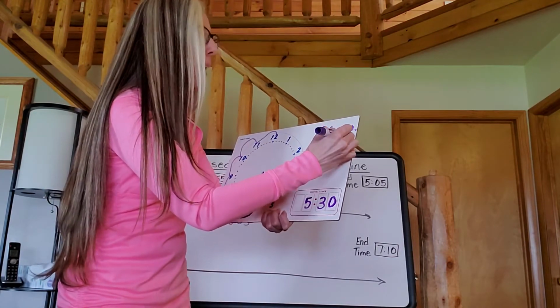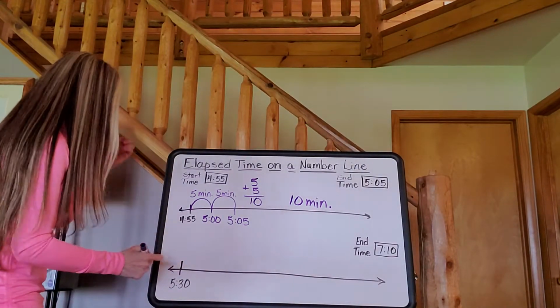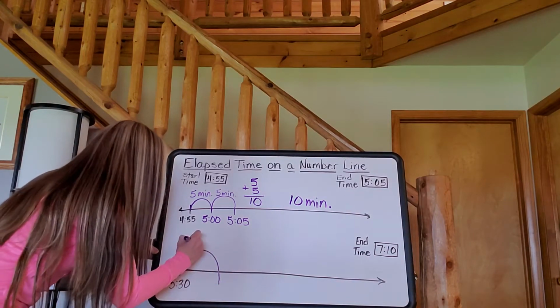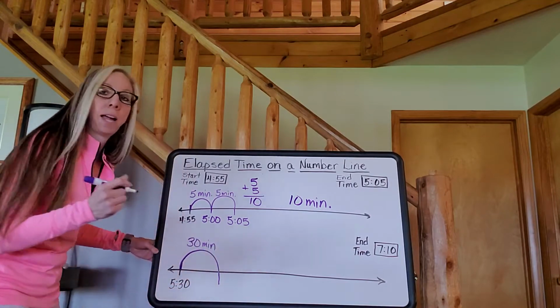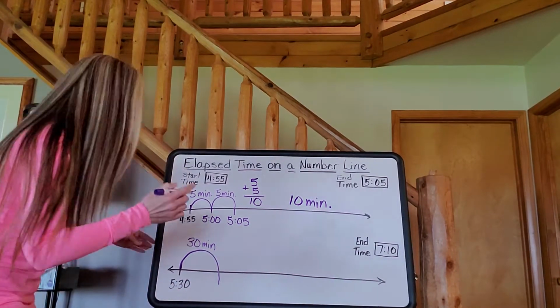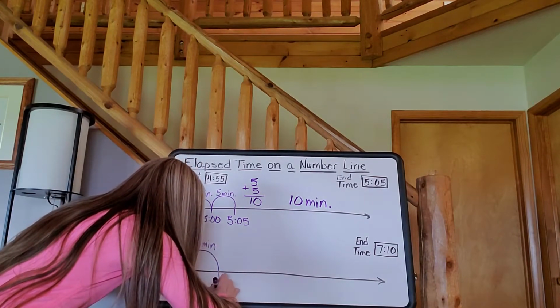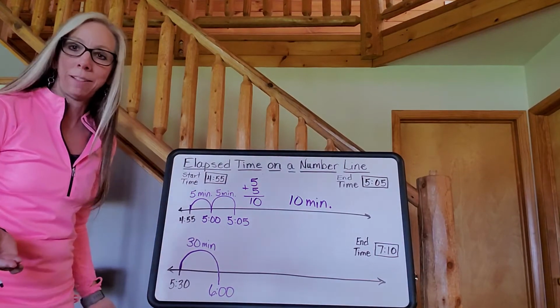So let's plot that on our number line. We have a 30-minute hop, 30 minutes, and we said our time was what? Yes, 6 o'clock. Are we there yet?